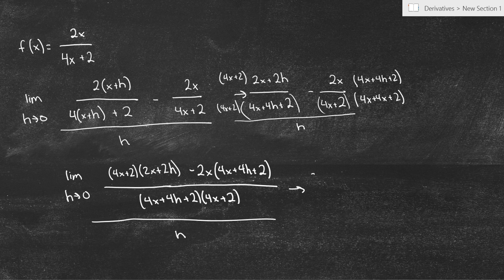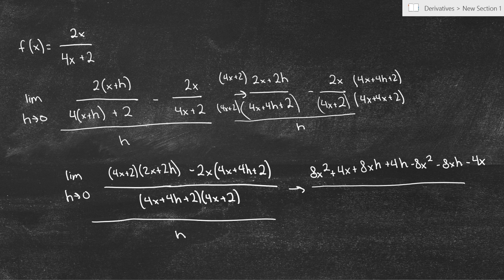So it's going to be 8x squared plus 4x plus 8xh plus 4h minus 8x squared minus 8xh minus 4x, divided by, now let's factor this out, we're going to get 16x squared plus 16xh plus 8x plus 8x again plus 8h plus 4.